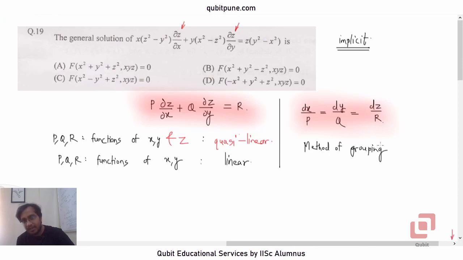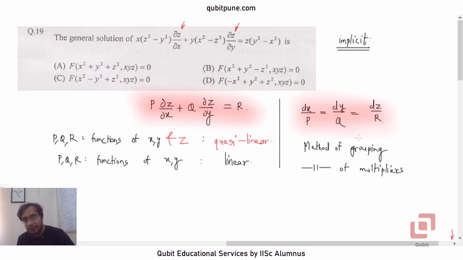You can take any two out of the three, so you can either take dx by p equal to dy by q, or dx by p equal to dz by r, or dy by q equal to dz by r. Then you get the ordinary derivatives and simplify. So that is called the method of grouping. Generally, some simple pre-designed problems can be solved by the method of grouping. Otherwise, you can solve it by the method of multipliers.